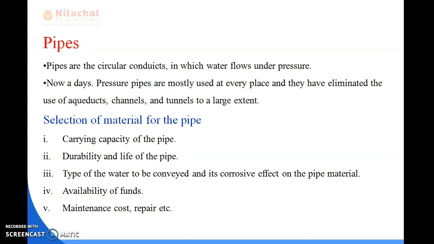We have been seeing pipes, and we use them in our houses, everywhere. So what do we mean by pipes?